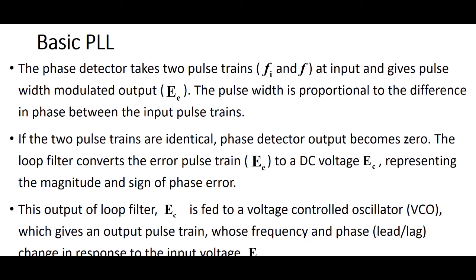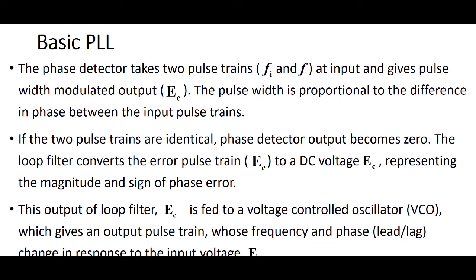The phase detector takes two pulse trains, reference pulse train F(i) and output of the PLL pulse train F at input, and gives pulse width modulated output EE. The pulse width is proportional to the difference in phase between the input pulse trains. If the two pulse trains are identical, phase detector output becomes 0.